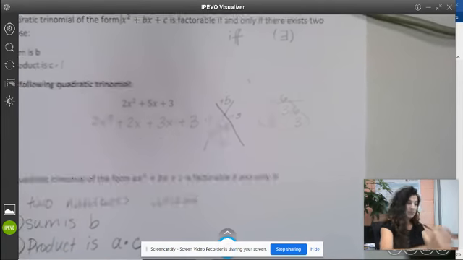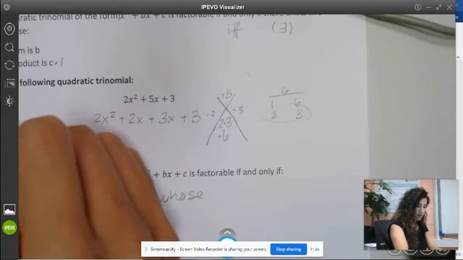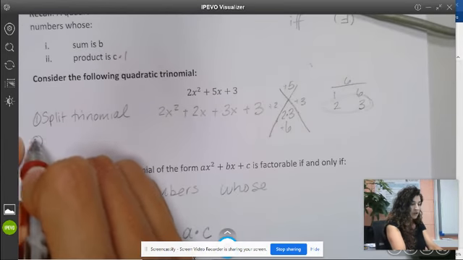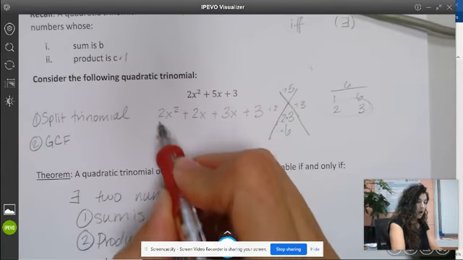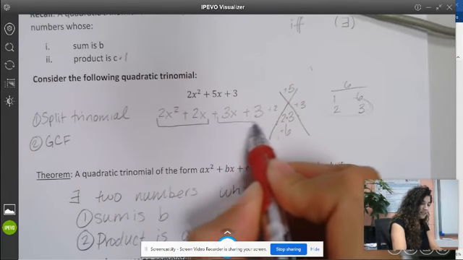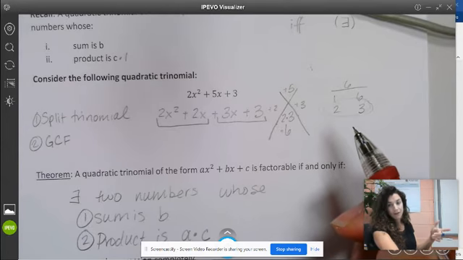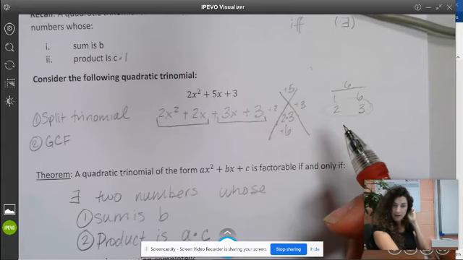So first we just split the trinomial. Next, we take out your greatest common factor. I look at each of these split pieces and find their greatest common factor.